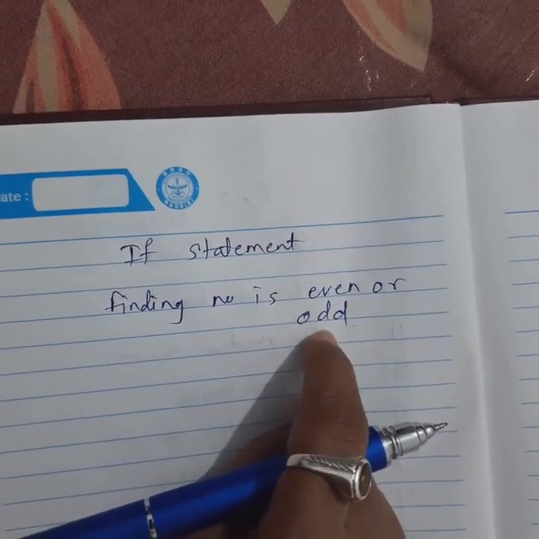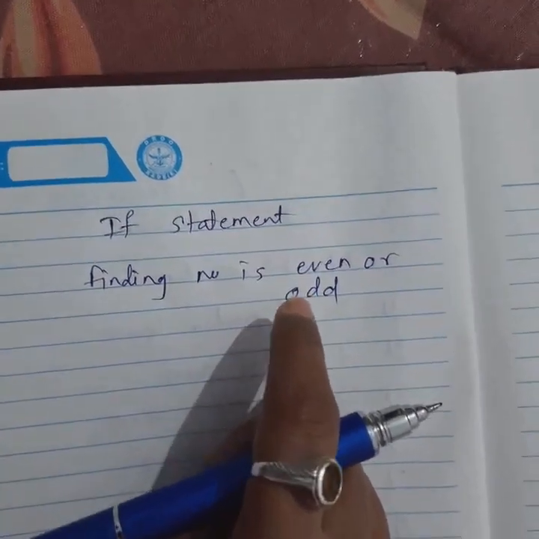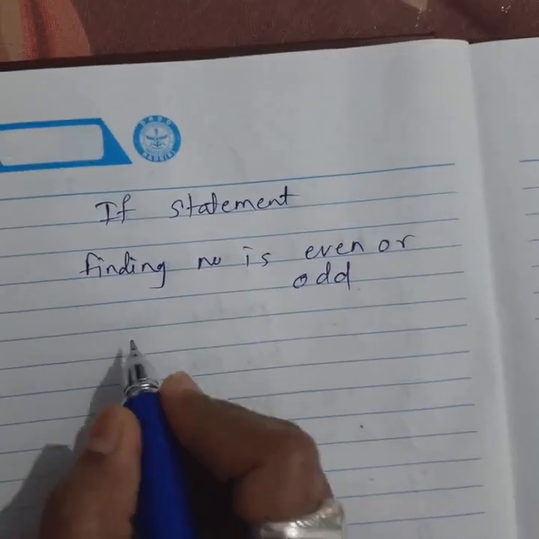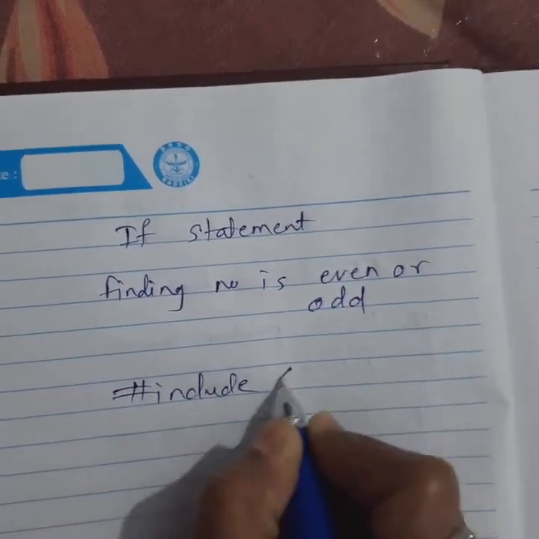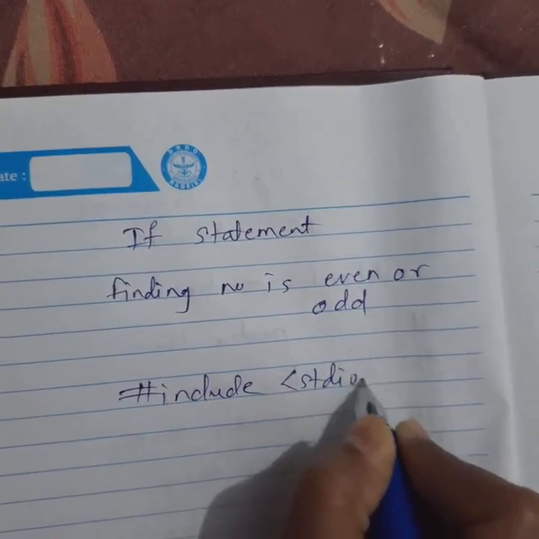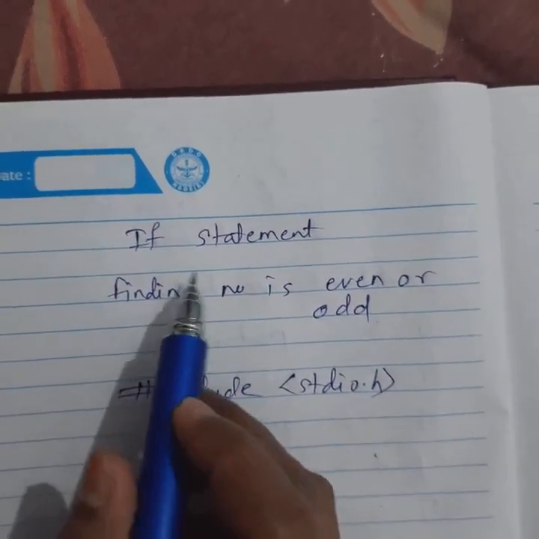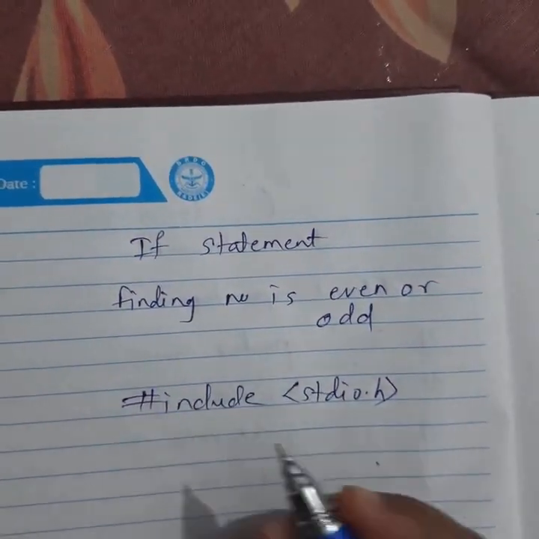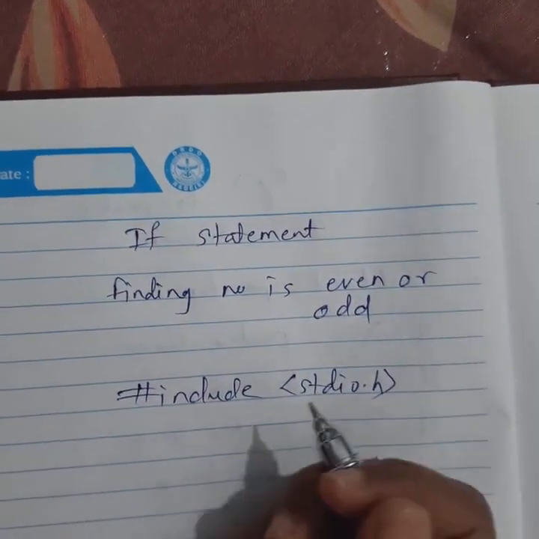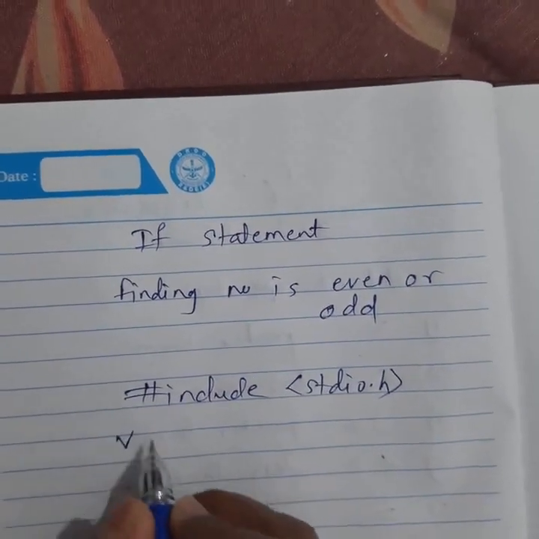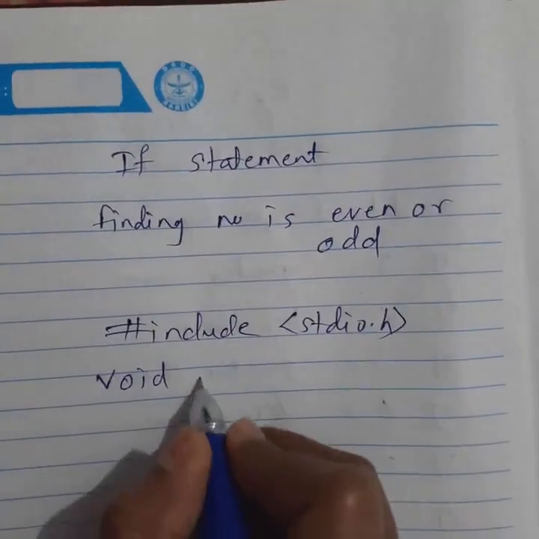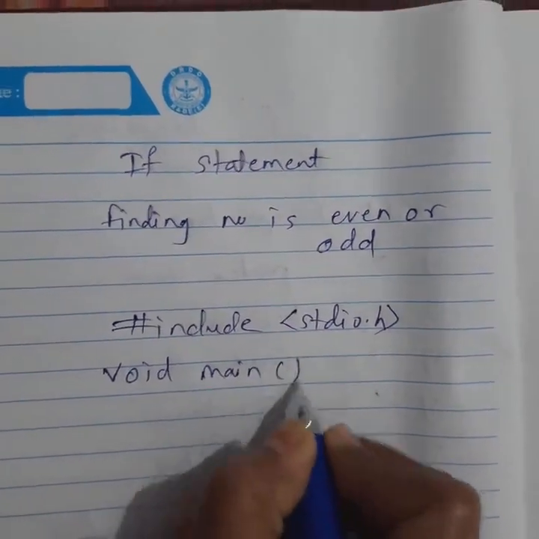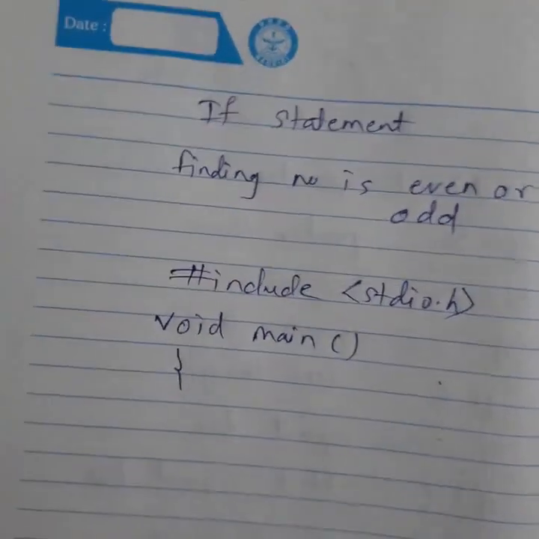Then how to write this program? Starting from the header file, I told you, hash include stdio.h. All programs, whether if statement, simple, while, or do while programs, use the same format of C programming, starting from void main, then the opening curly bracket.